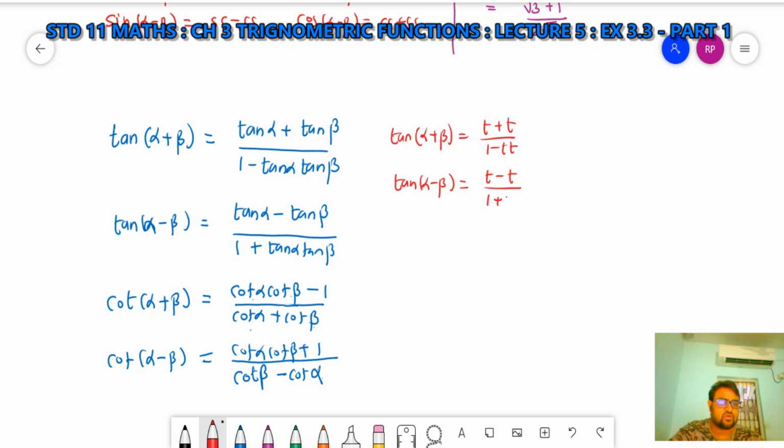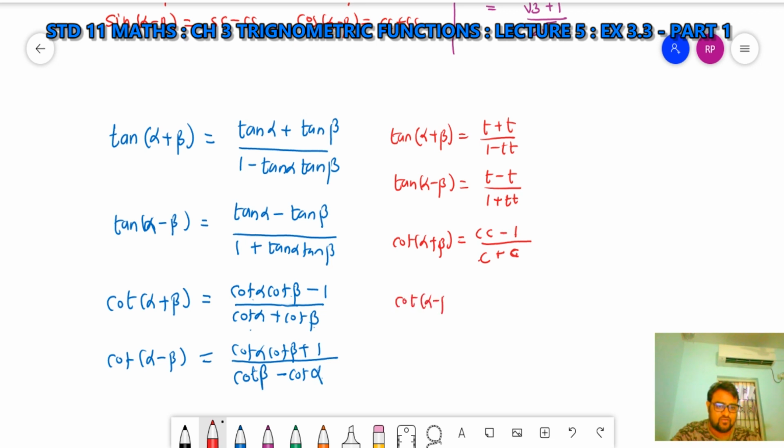Okay, the same way cot alpha plus beta. You can use the same rhythm but from the denominator, like c plus c, 1 minus cc. See, I am writing in reverse. For cot, I am writing in reverse from the left hand side, not the right hand side. C plus C, 1 minus CC.